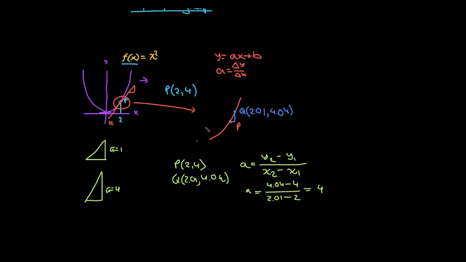So what we did in this video is we took a function f(x), we picked a certain point P, and we wanted to figure out the slope of the graph at that point. And to do that, we created a second point that is slightly offset from the first point, a tiny difference, like 0.01.